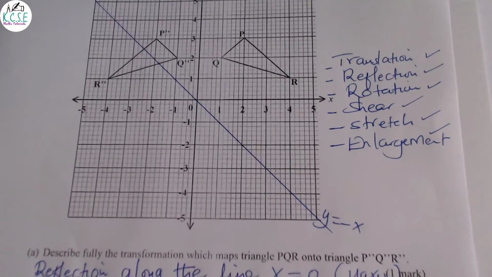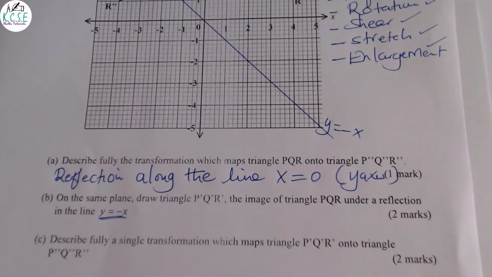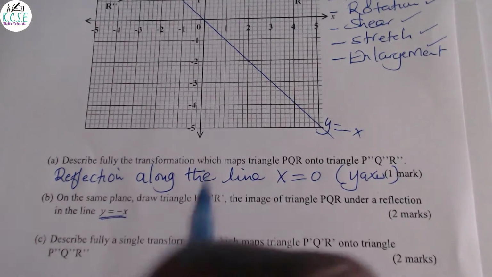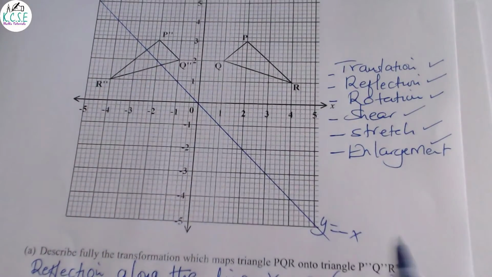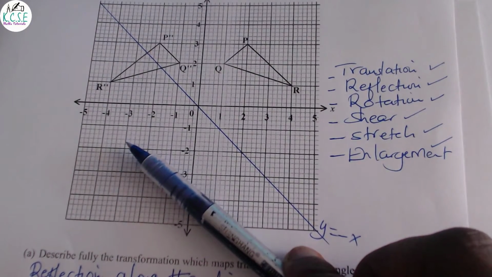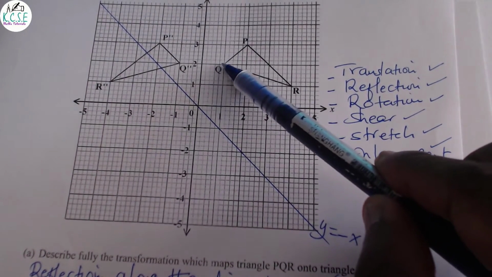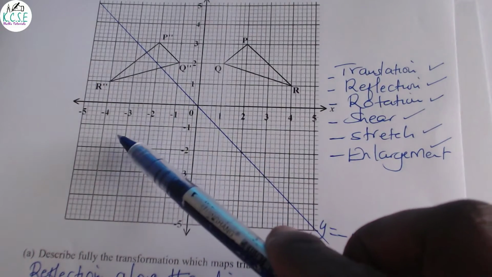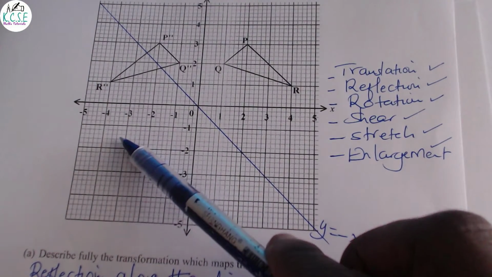Now, there is something that I'll give you which will help you identify the image. This is a line of reflection, so the image will be directly opposite, and the distance from Q to the middle line should be the same as to the image point here.